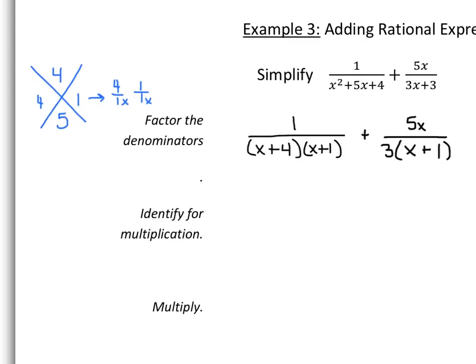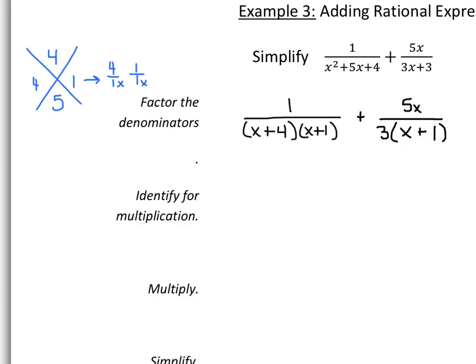Okay, now this is the part where we make the common denominators, which I wrote identify for multiplication. That's kind of vague. What I mean is, what is each denominator missing that the other one has?